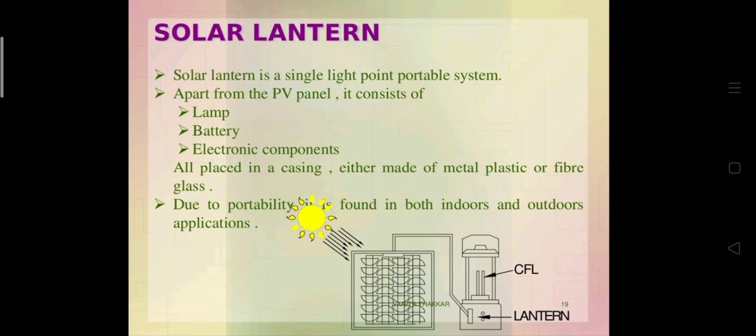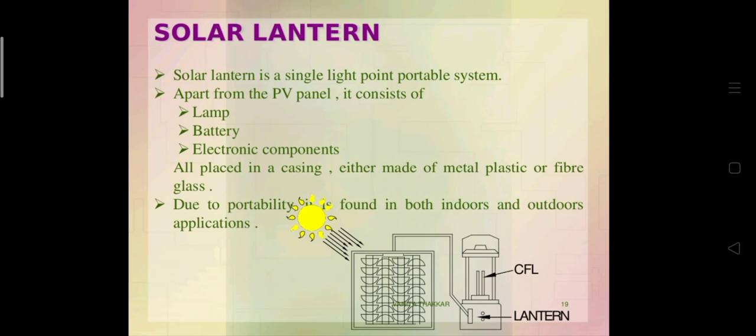Apart from the PV panel, the solar panel, it consists of a lamp, battery, and electronic components. Here in the diagram we can see the lamp, battery, and electronic components, all placed in a casing made either of metal, plastic, or fiberglass.